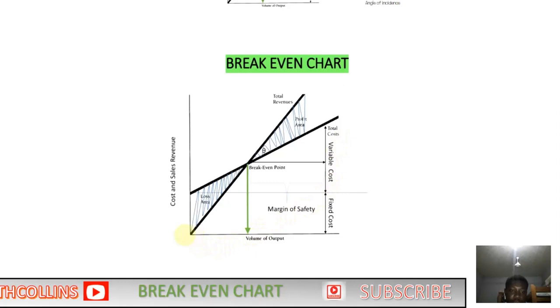As I demarcated the x-axis as 10, 20, 30, 40, 50, here too we might have 100, 200, 300, 400, 500, 600, and it moves on. So in this case, the fixed cost will be 300. Assuming the fixed cost is 300, the cost of machineries and rent will sum up to 300.